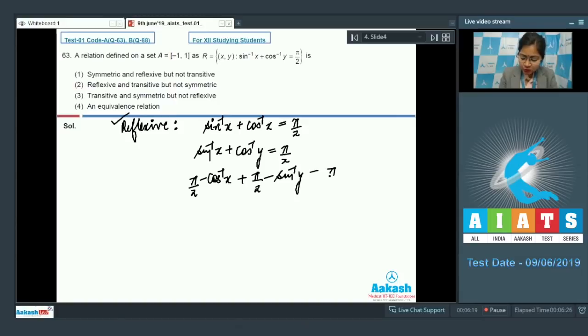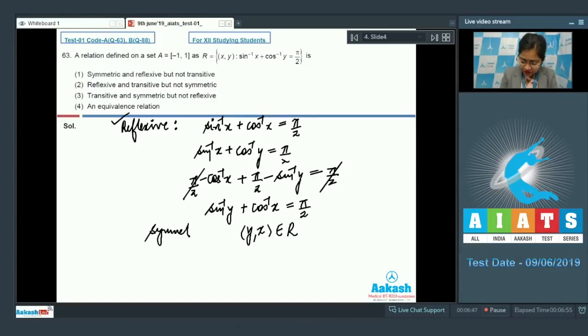So, this is given to be equal to pi by 2. One pi by 2 will get cancelled. So, we are left with sine inverse y plus cos inverse x equal to pi by 2, which means that (y, x) also belongs to relation R. Hence, we can say that the relation is symmetric.